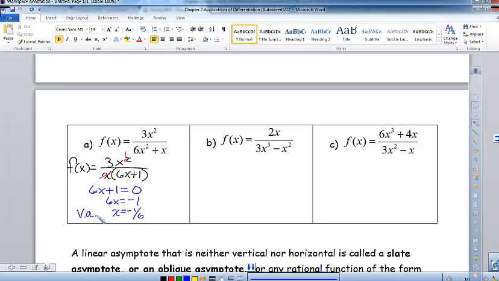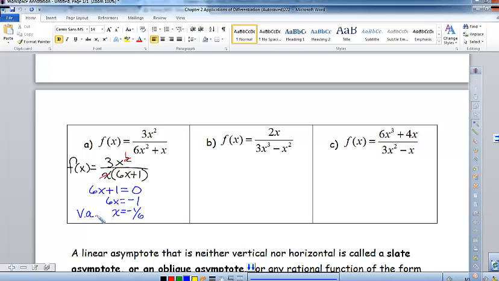To get the horizontal asymptotes, we pay attention to the degrees of the numerator and denominator. Okay, in the original problem, the degree of the numerator is what? 2. The degree of the denominator is 2. So they have the same degree.